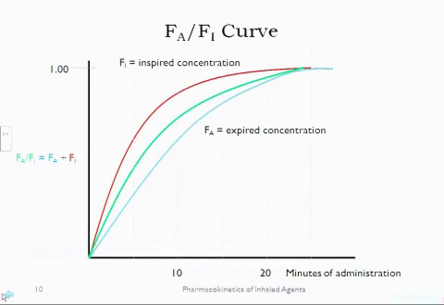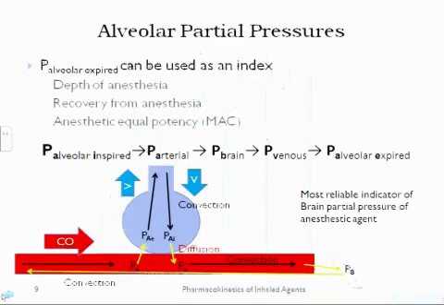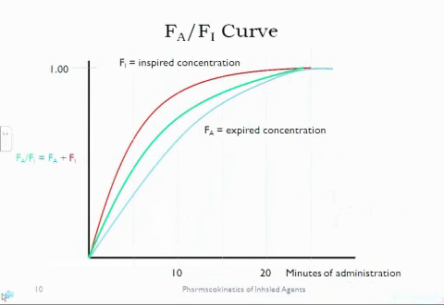Now, what we create from this difference is what's called the FA-FI curve. You're going to hear this used a lot, okay? Because this curve is basically telling you how fast the uptake or absorption rate is taking place in that person. If you have something that is very insoluble, okay, the FA to FI curves literally almost touch each other very quickly.